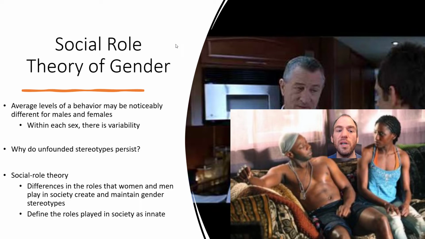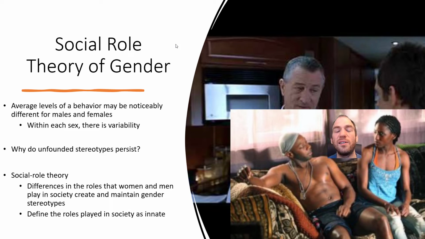The social role theory of gender stereotypes says that the roles and expectations of society about genders contribute to these stereotypes. There were social roles in the past, literally economic and political roles, with women not even being able to attend certain universities or take certain jobs. Those structural barriers created differences, and those differences were then interpreted as innate differences, contributing to stereotypes.